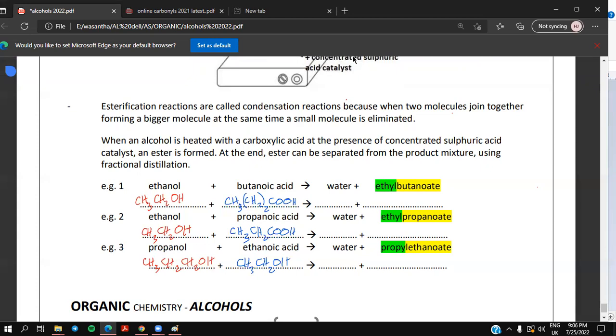Names are given. I'll give about 2-3 minutes, and afterwards I will give the answers. You first write the answers for ethyl butanoate, ethyl propanoate, and propyl ethanoate, the way I explained to you earlier.